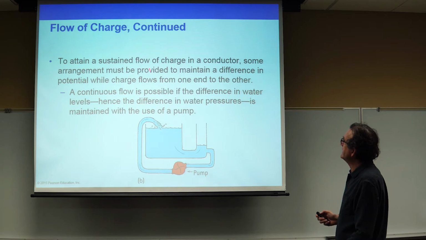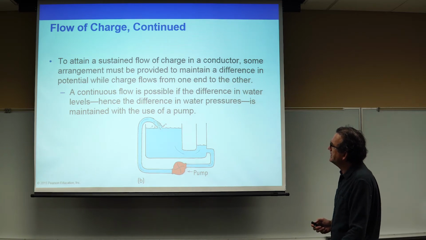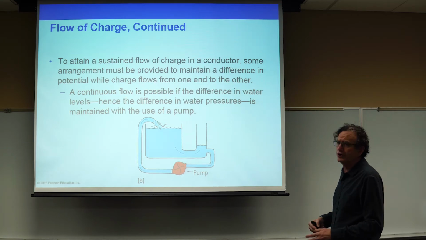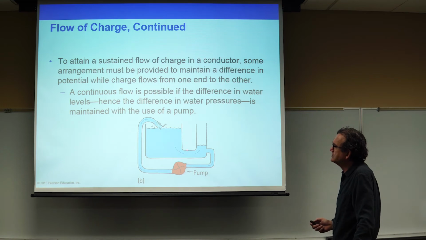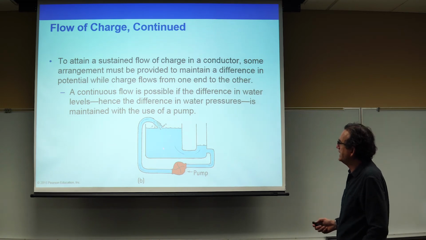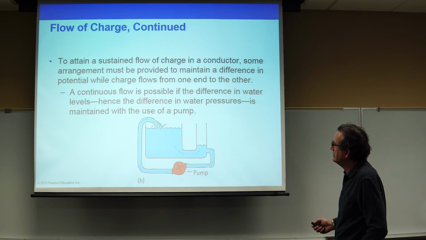To attain a sustained flow of charge in a conductor, some arrangement must be provided to maintain a difference in potential. So again we revert back to the water tank, only now I have a pump added onto the system.